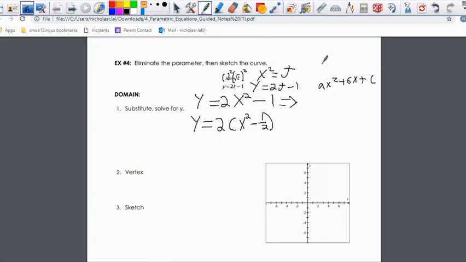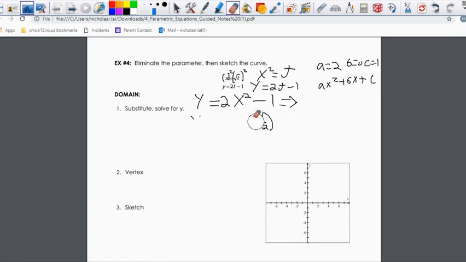Here, a equals 2, b equals 0, and c equals negative 1. So here, our x value of the vertex is going to be negative b over 2a, so it's going to be 0 over 2, so our vertex is going to be at 0. And you plug 0 in for x, and our y value is negative 1. So our vertex should be 0, negative 1.